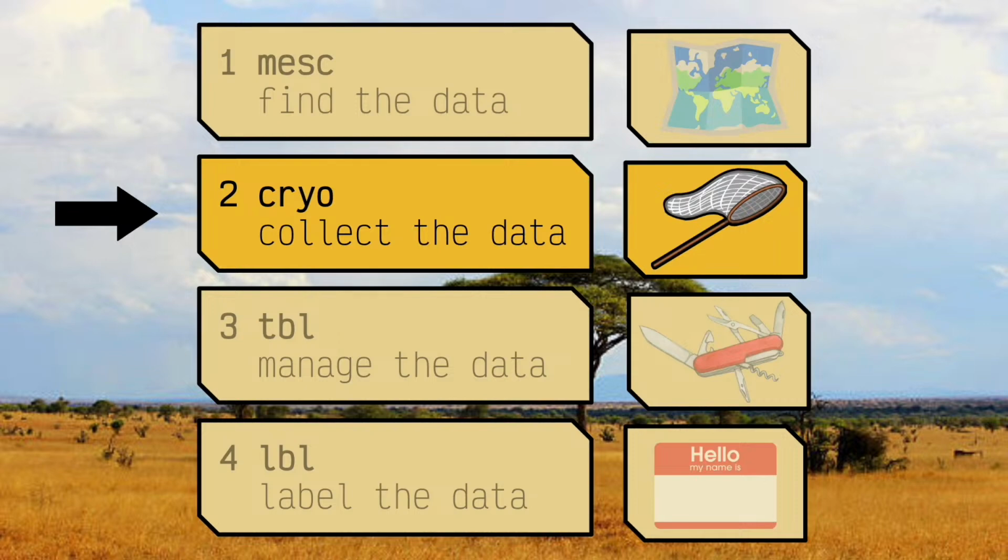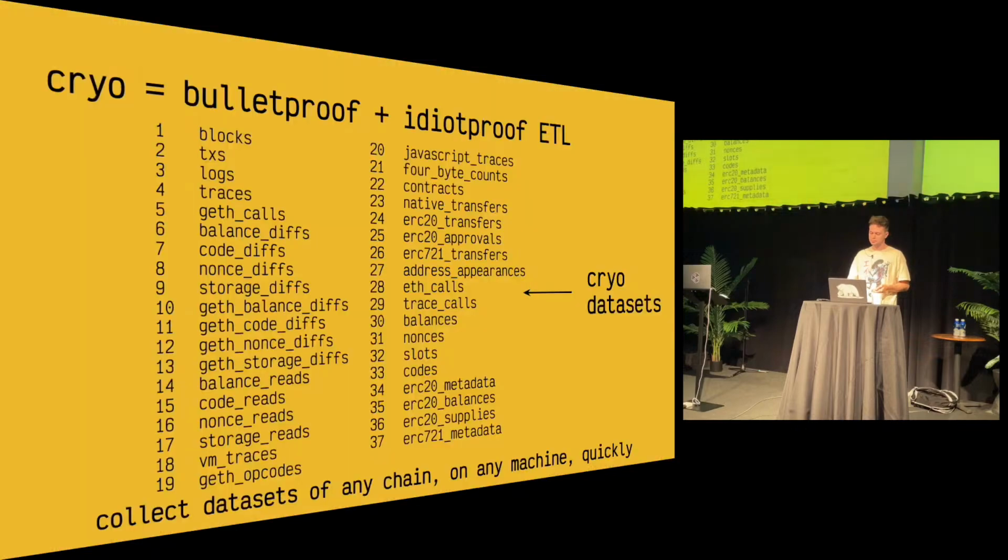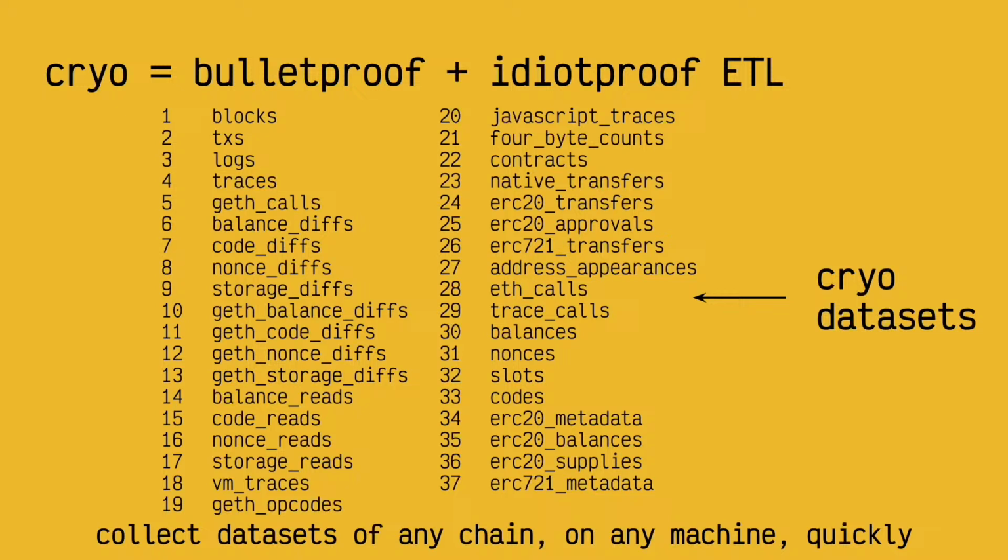OK, so the next thing I want to go over is CRI-O. CRI-O is a tool for collecting blockchain data sets. CRI-O can take any type of information available over RPC and turn it into a simple, local, flat data set. So up here, I've listed the different types of data that CRI-O can collect.